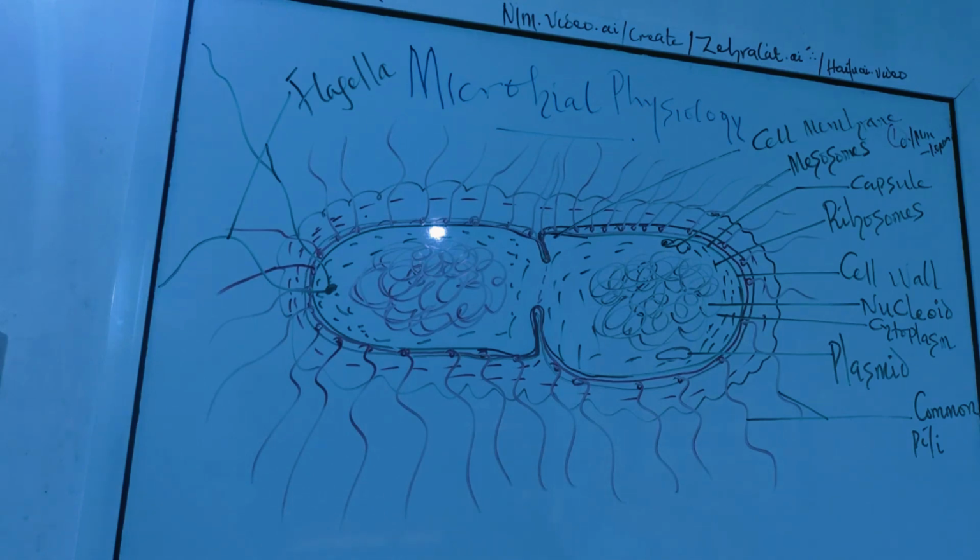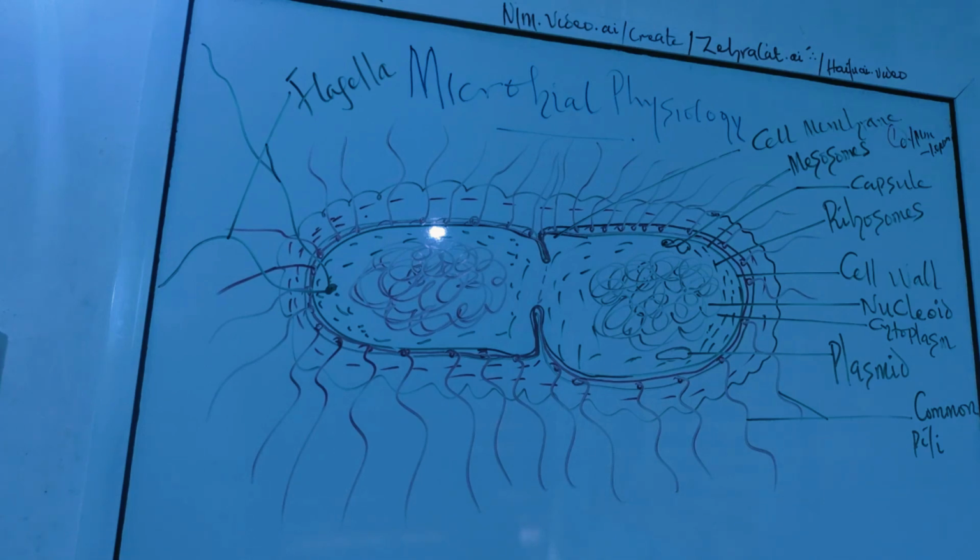And when the rod-like structure is curved, you call them vibrio, like Vibrio cholerae. Then there are some like spirillum. There are some like Clostridium tetani. They have a spiral form that is like a spring.